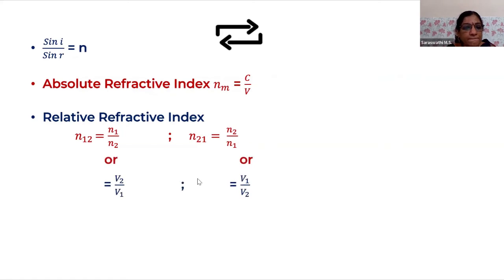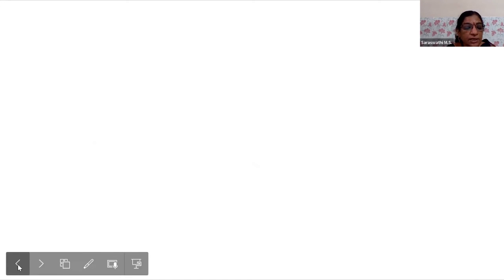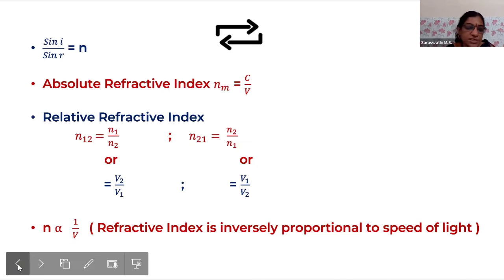Clear? When you're comparing the velocities, it will be the reverse. Velocity of light in medium 2 divided by velocity of light in medium 1. Here again, velocity of light in medium 1 divided by velocity of light in medium 2. And refractive index is inversely proportional to the speed of light.